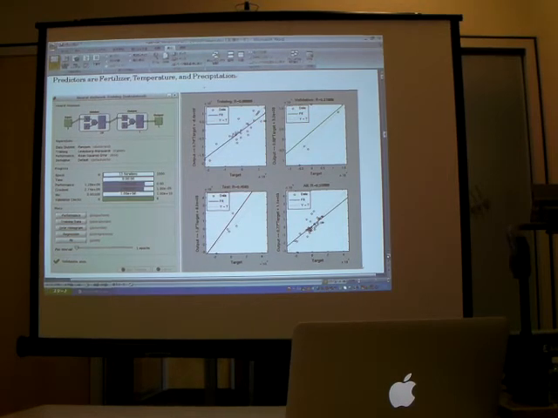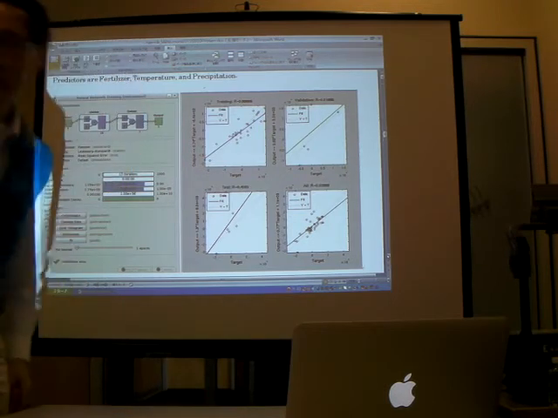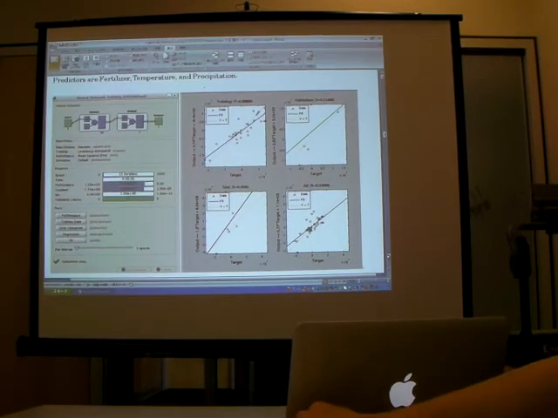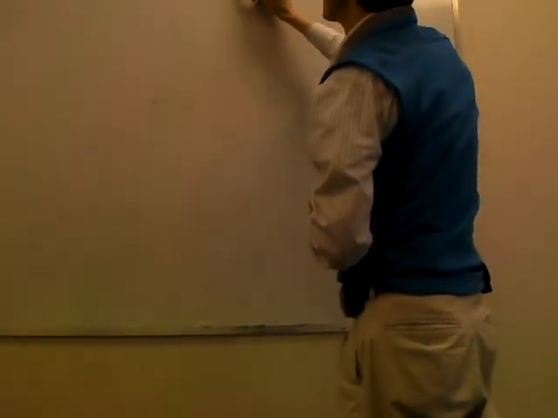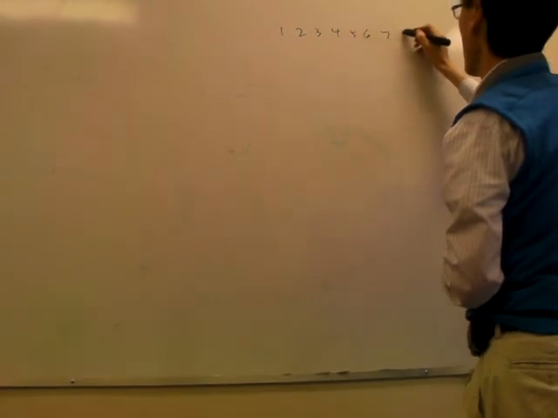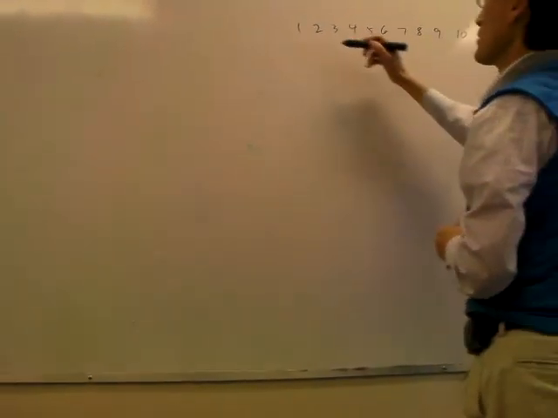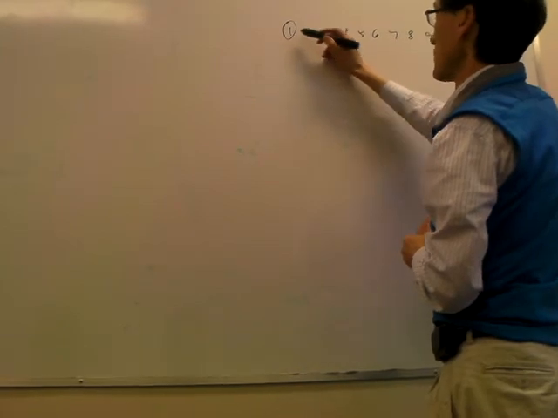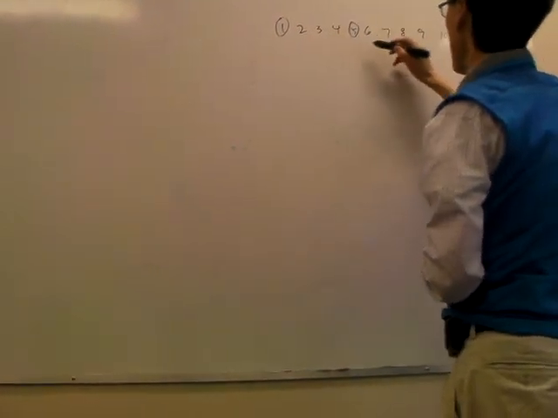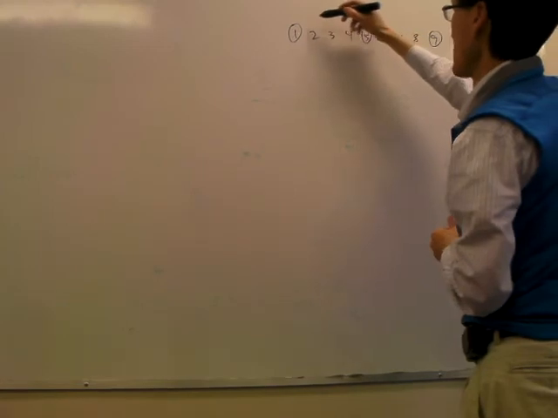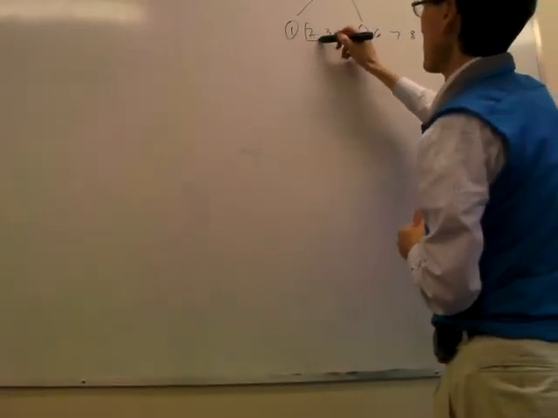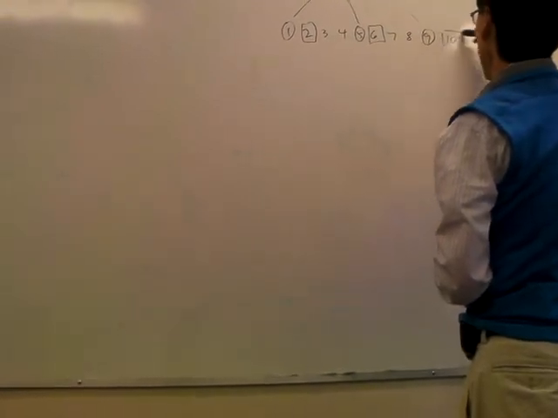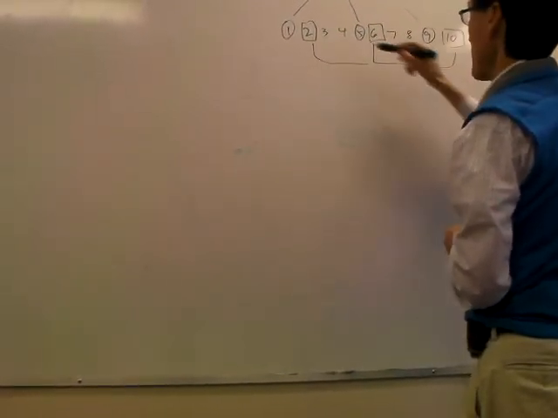So suppose you have years 1, 2, 3, 4, 5, 6, 7, 8, 9, 10. For testing, you take this out, that out, that out. That's your first test set, and train with the rest. Then your next test set is this one, that one, that one. That forms your second test set, and then the third test set.